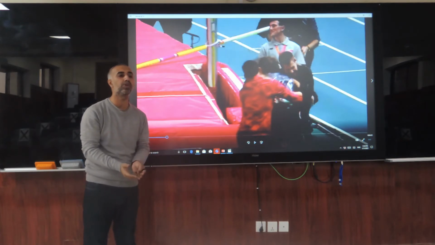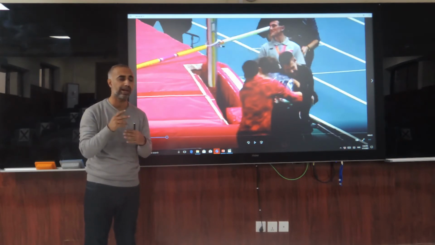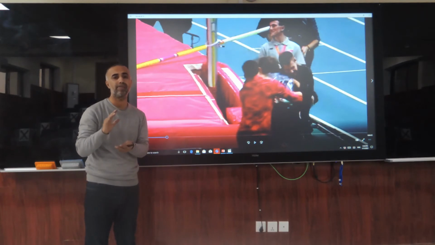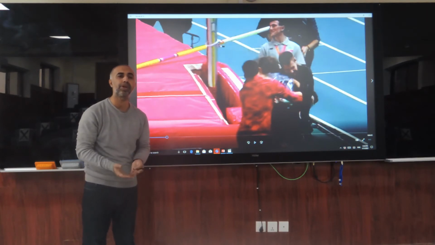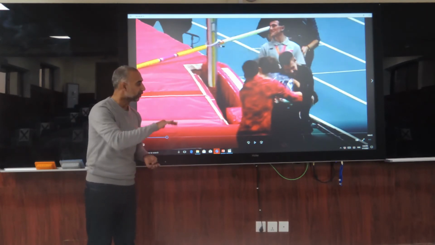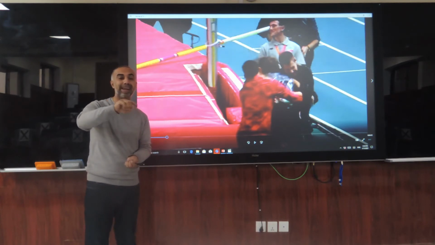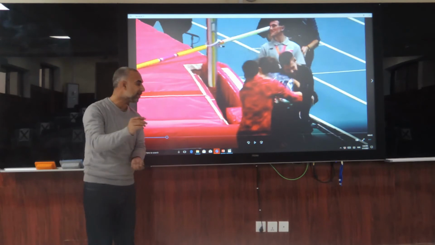According to Newton's law of motion, the mattress pushes the player upwards. So where he touches or lands on the mattress, that point is known as a point of inflection.